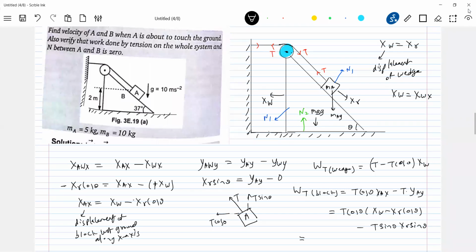Now, what is the next part of the problem? Further we'll simplify it. T cos theta XW, T cos square theta XR. I'll take T XR common outside, so this will be cos square theta.